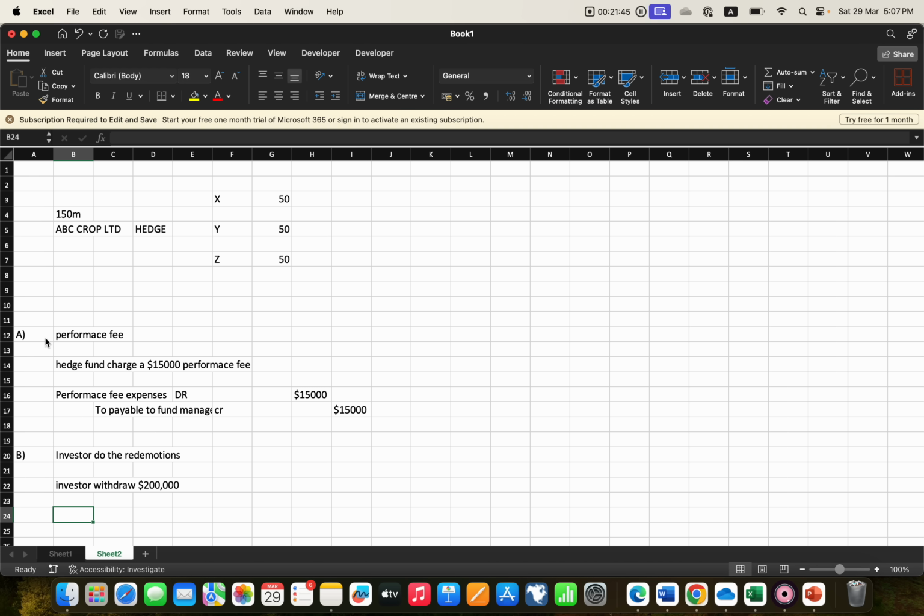So the entry will be partner capital account debit, to $2 lakh, to bank.